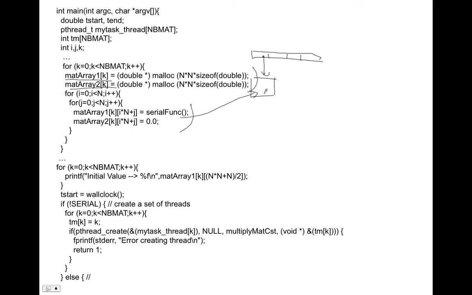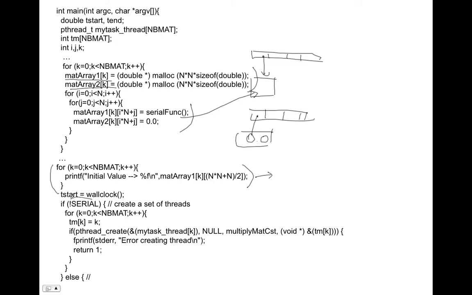For the first one, I initialize with some random value, and in here I just put 0 everywhere. Here I display the value just to be able to check later that the computation is correct.